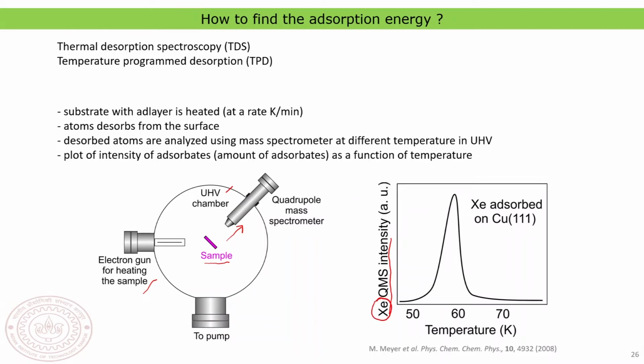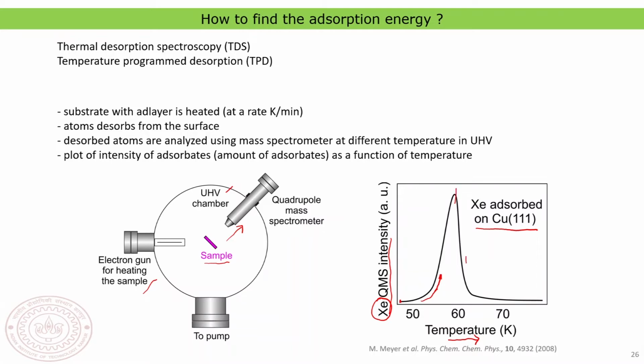What you are investigating in this particular case is a xenon add layer on a copper 111 surface. In the beginning you can notice that there is no signal corresponding to xenon. But as the temperature increases, there is a small increase in the amount of xenon atoms, and then it increases further, reaching a peak position.